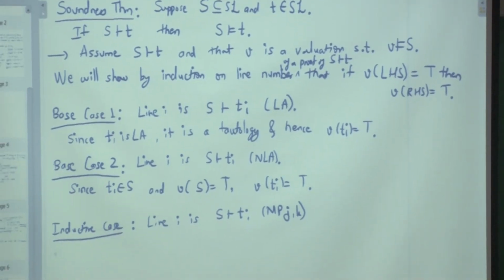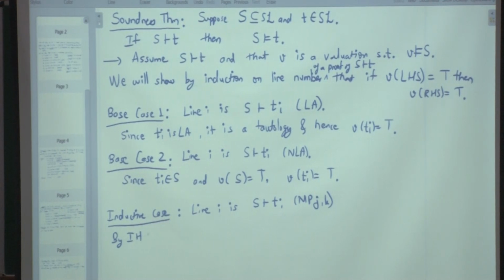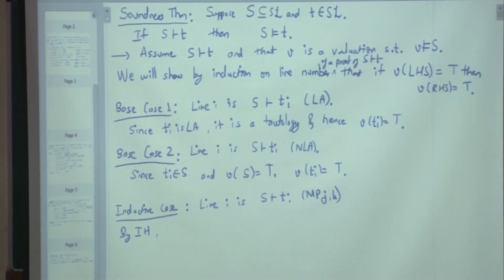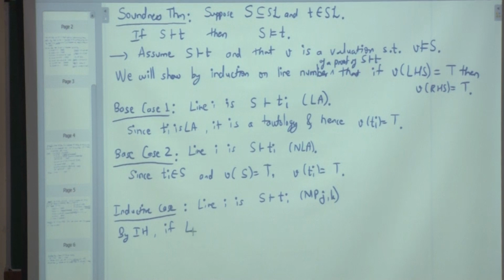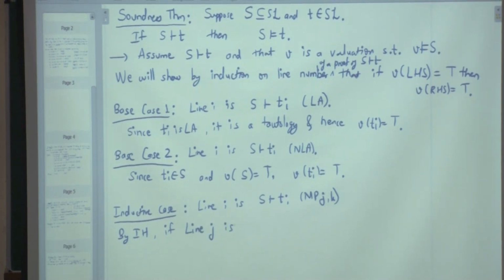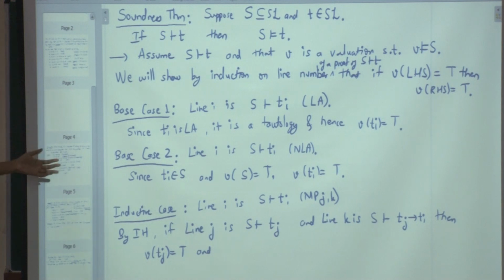By induction hypothesis, if line j is S proves Tj and line k is S proves Tj implies Ti, then V of Tj is true, because they were previous lines, so we have already concluded something about their right hand sides.